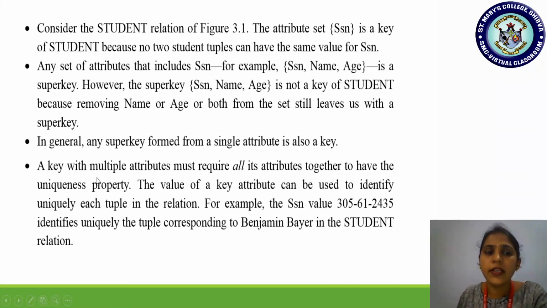They are telling that for a key with multiple attributes, whichever combination of attributes we consider as a key attribute, like SSN, name, age, there all the 3 attributes should carry a unique value. Okay, so the value of a key attribute can be used to identify uniquely each tuple in the relation.